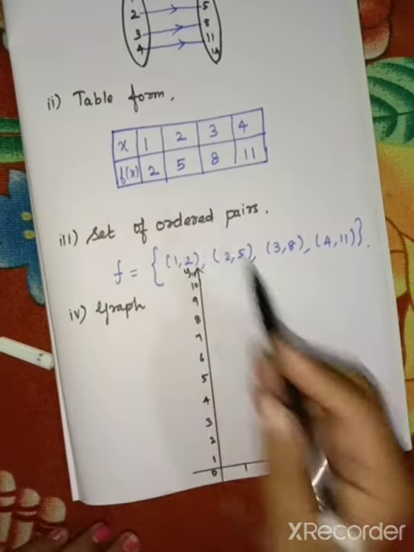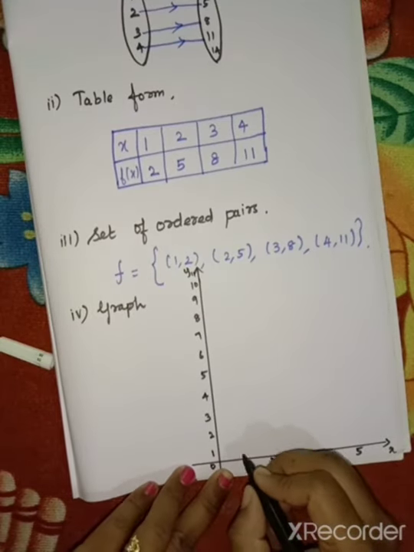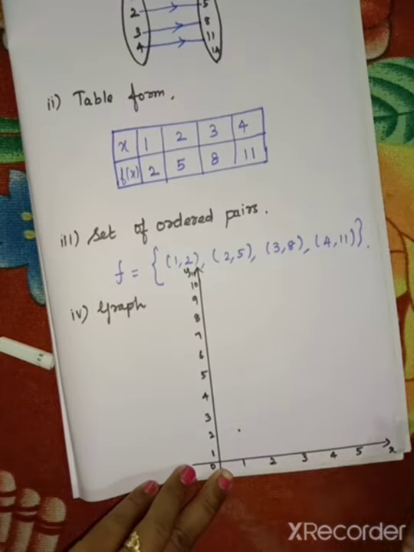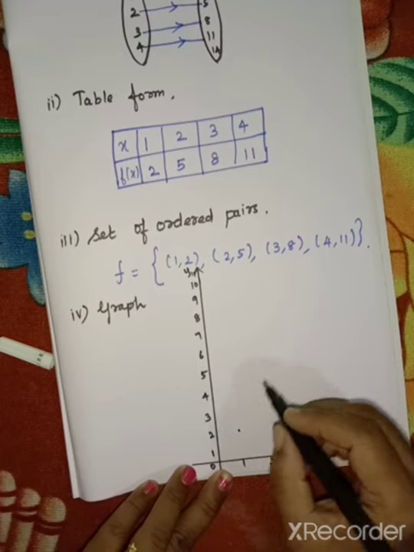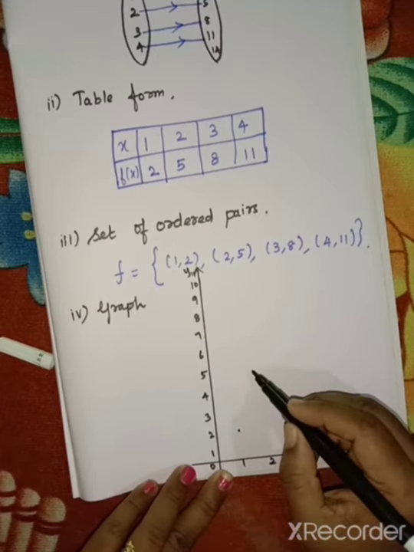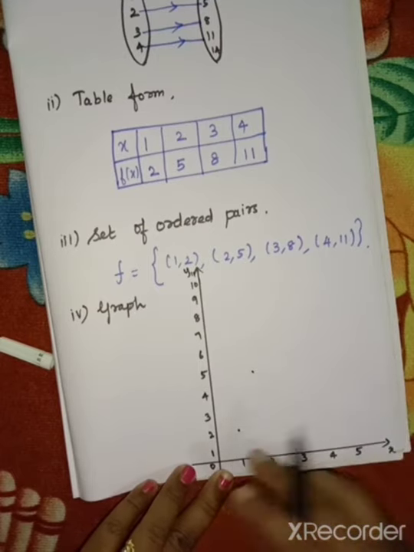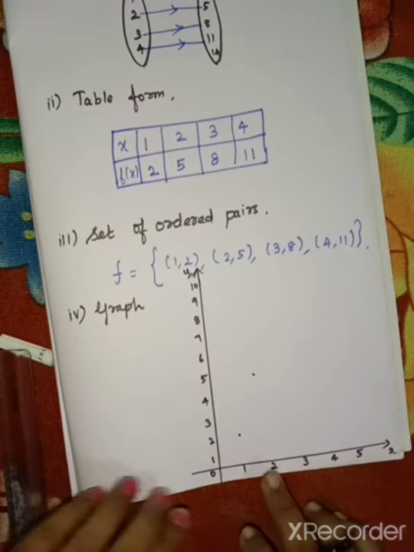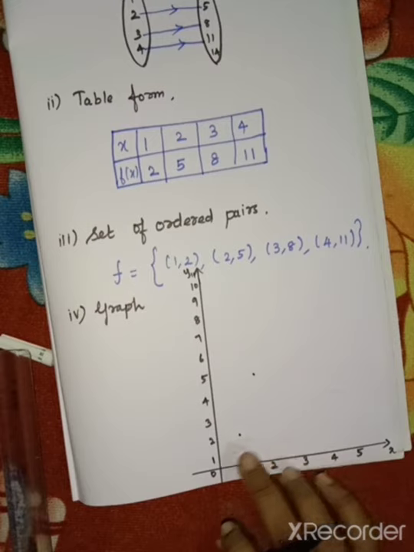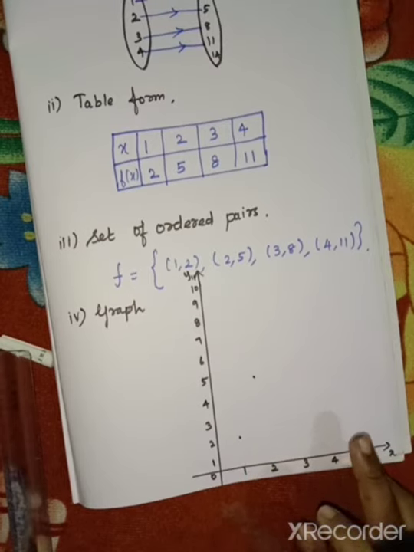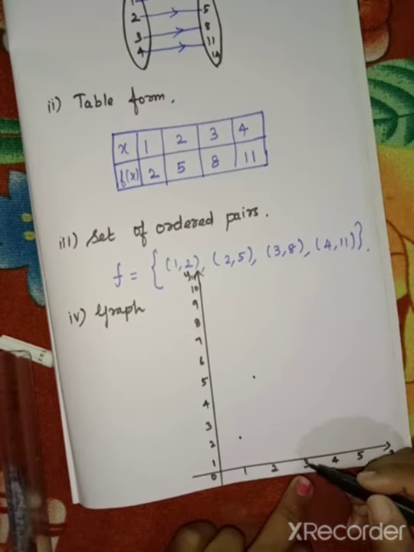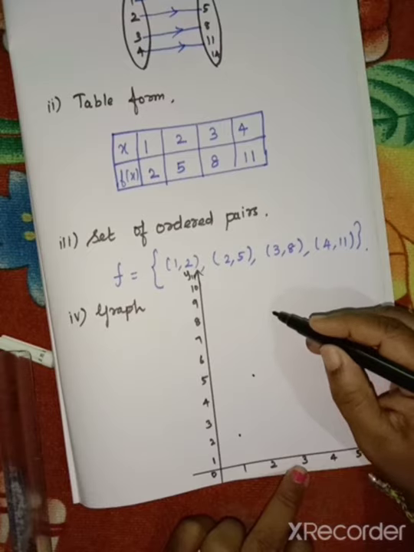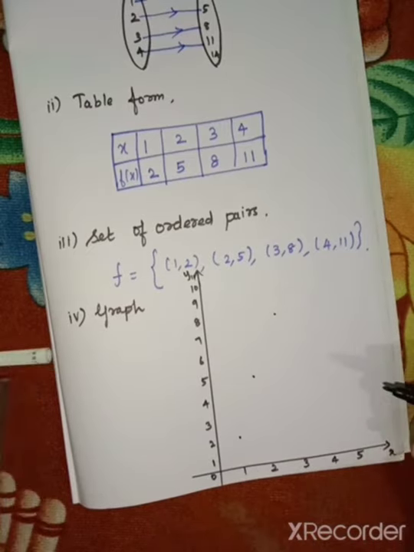So for 1 we find 2, so plot the point. Then for 2 we have 5. Mark the points at the correct places, because if you plot a point wrongly, the line will be different. So for 3 we have 8. Here I know that, so I have marked it slightly.